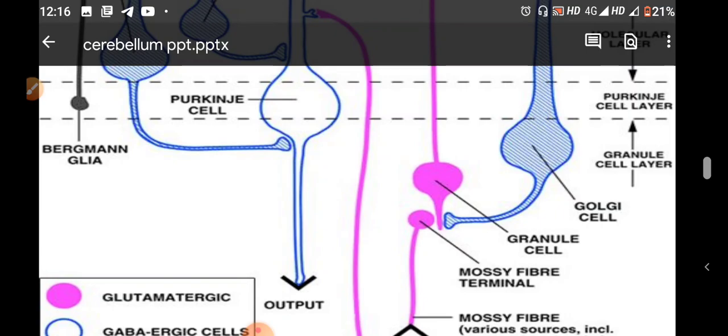Here the agonist and the antagonist muscles are stimulated and inhibited simultaneously. When the rhythmic supination and pronation are practiced repeatedly, the synaptic connections between Purkinje cells and the parallel fibers of granule cells get altered, and these movements become possible and you can do this task precisely.